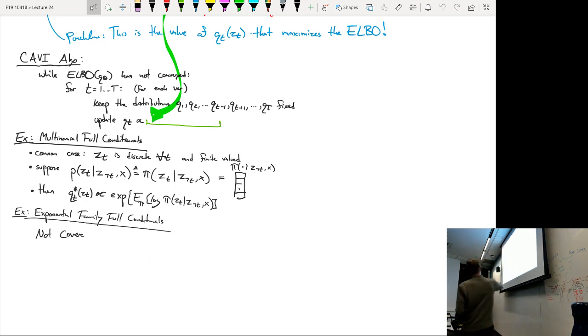So exponential family includes lots of familiar distributions, things like Gaussians and exponential distributions and lots of other ones. If you have continuous distributions that involve familiar distributions, then you also get simple update rules.